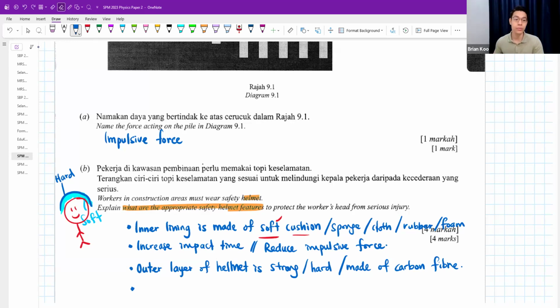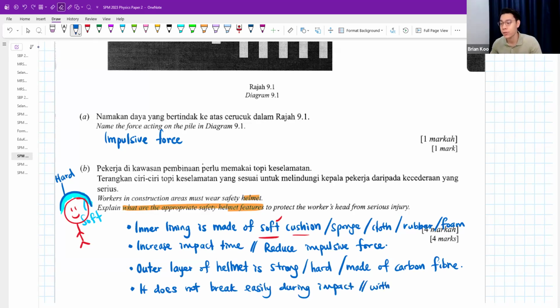Reason, so that it does not break easily during impact. It can withstand high force.